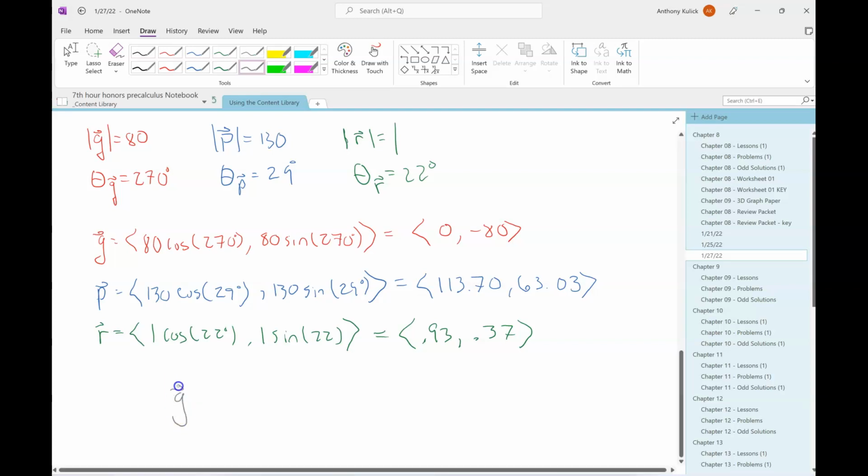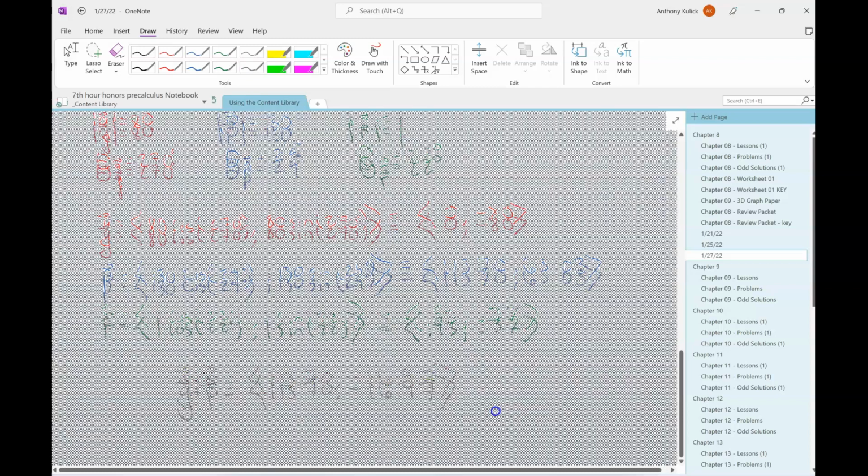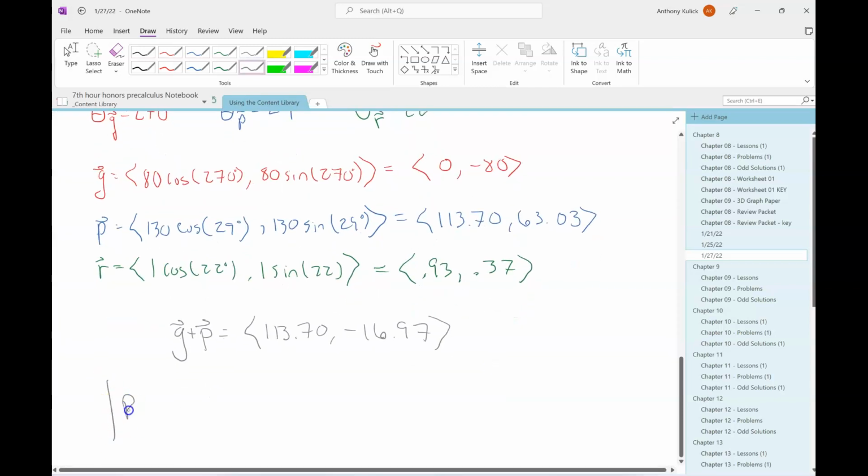Okay. We'll add those two vectors that are interacting at the crate. And then we're going to calculate the magnitude of the projection of those two vectors onto the ramp. To do that, though, we have a shortcut.